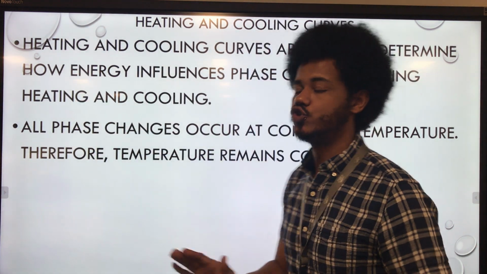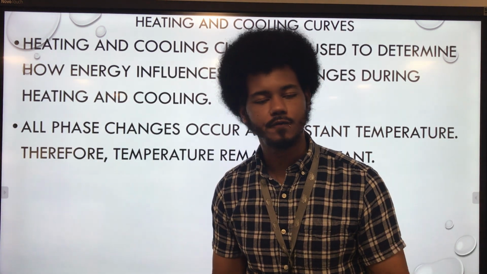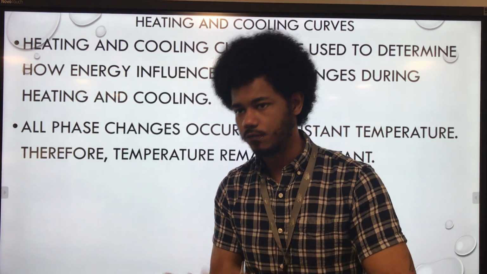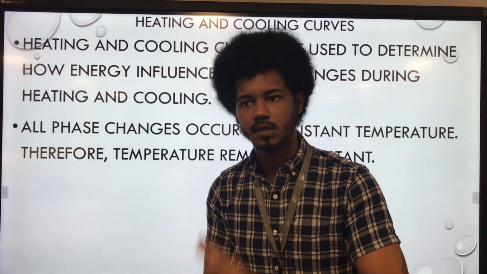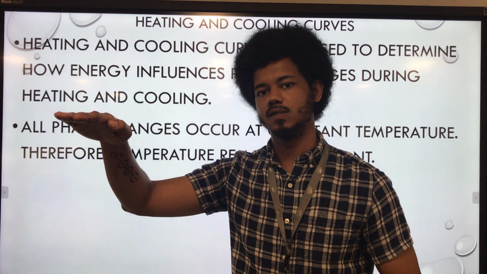So again, during a phase change, the temperature remains constant. And again, what are phase changes? Melting, freezing, boiling, condensing, all of those are phase changes, and when those things happen, the temperature remains consistent, okay?